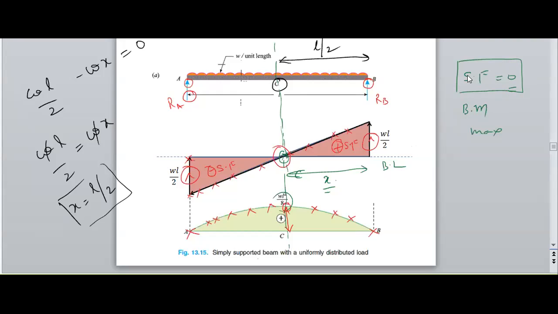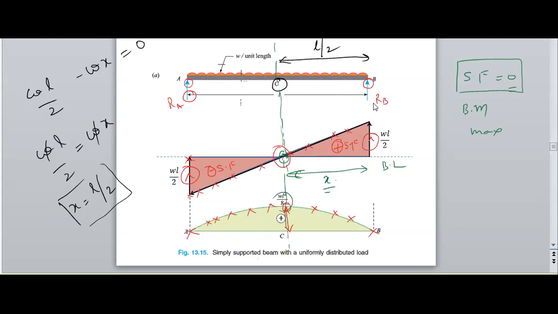Therefore, equating the shear force at that location, I am considering this as C. I don't know the length initially, therefore I am considering it as x.